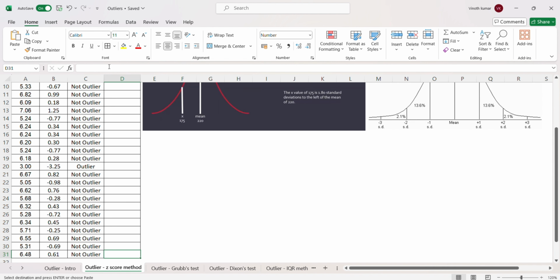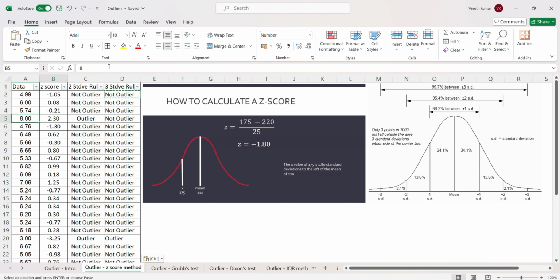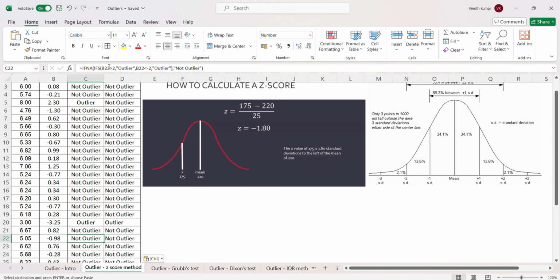Now if you copy and paste this, you will find 8, which is plus 2.3 units of standard deviation away from average, or its corresponding z-score is 2.3, and it is not called as an outlier, but 3 which is minus 3.25 units away from its average, hence it is called as an outlier.